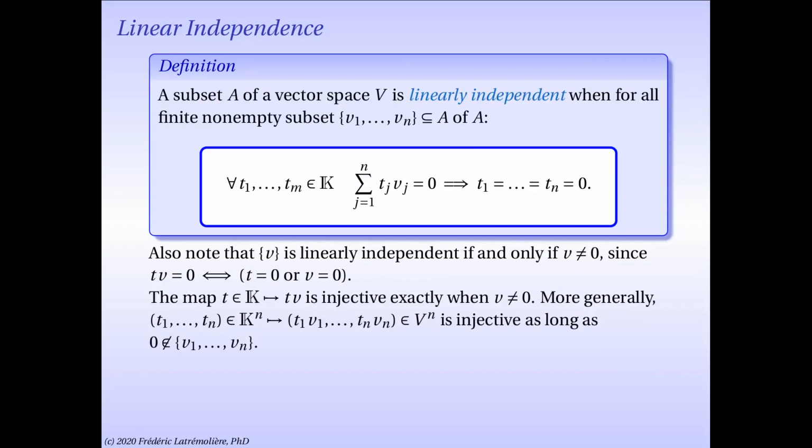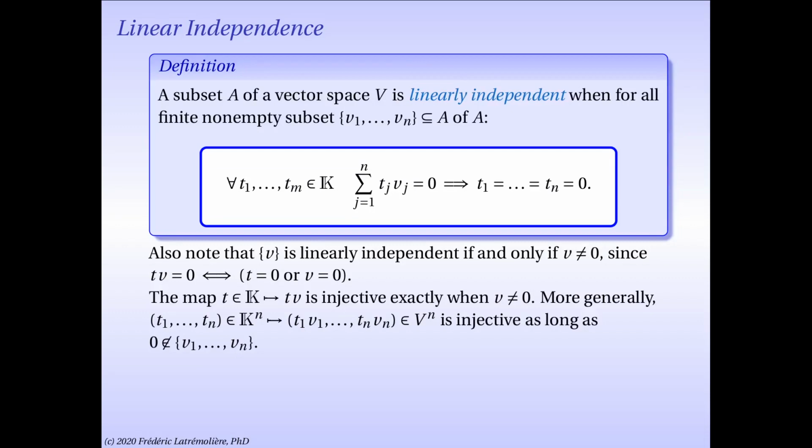So now I'm going to make a couple of quick observations that will prove helpful for my next remark about linear independence. So look at this very simple map. You take a vector v and you define the map that goes from the scalar field into the vector space, which to a scalar t maps t times v. When is this injective? That's injective exactly when v is not 0, as can be checked very easily. And this can be generalized.